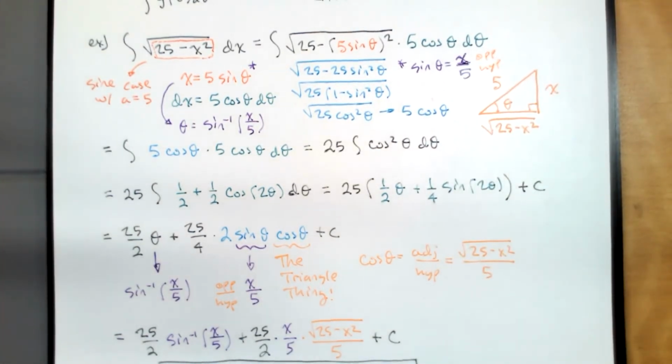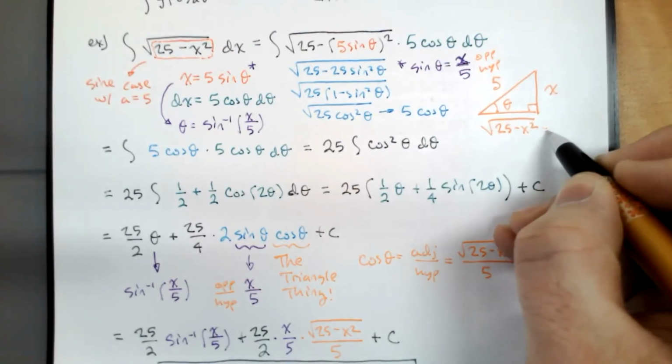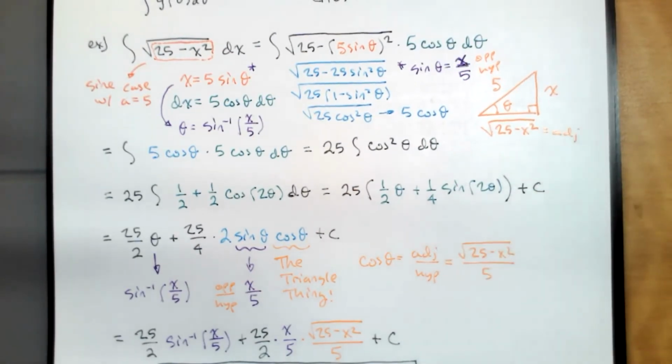The sine is opposite over hypotenuse. So I draw a right triangle where x is opposite theta and 5 is the hypotenuse. Then I use the Pythagorean theorem to get the adjacent side. So I solved for the adjacent side. So that's how the triangle thing works.